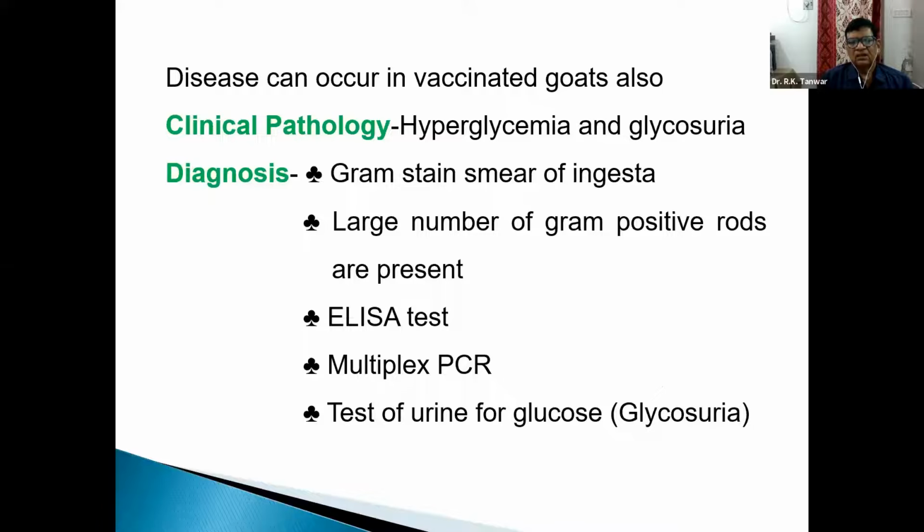As I told you, the disease can occur even if the animal has been vaccinated twice, and outbreaks have occurred. In clinical pathology, this is a very good finding: even without any isolation of the organism, in field work you can examine the urine for glucose, that is glycosuria, or do a blood examination, as told in a previous lecture by one of our speakers. If a postmortem is done, a gram stain smear of the ingesta will give a beautiful picture, with a large number of organisms present.